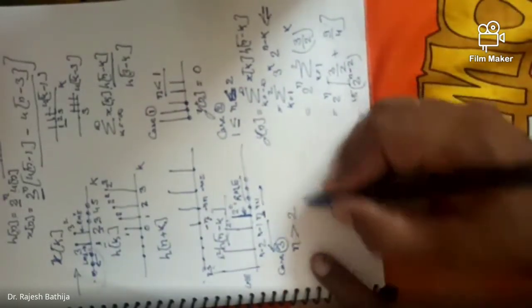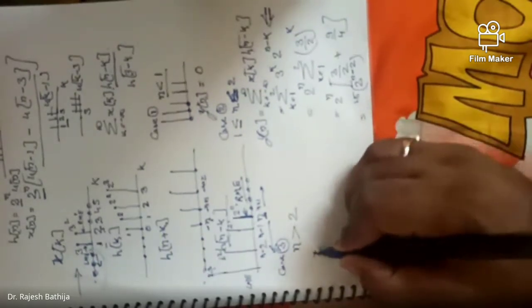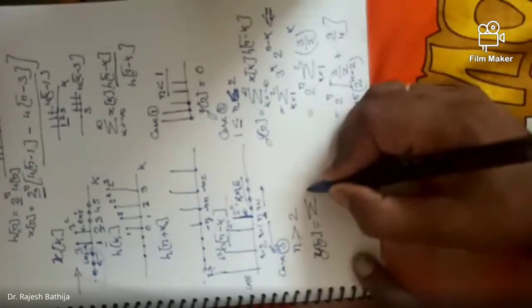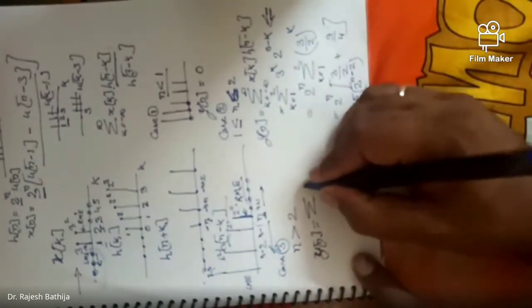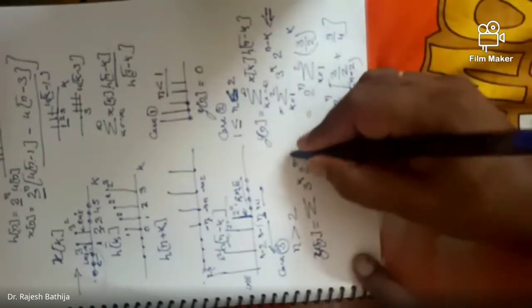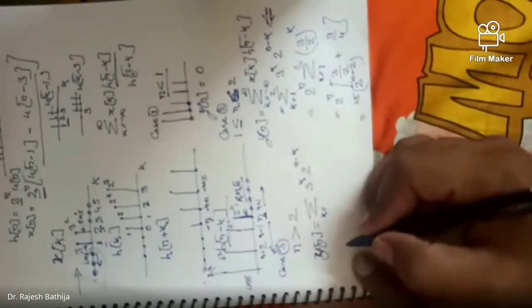So n is greater than 2. In this case also, how can we find out y of n? We can find out through the same summation x of k. X of k is 3 to the power k, and h of n minus k is 2 to the power n minus k. And k value is from, now tell me what will be the k value?